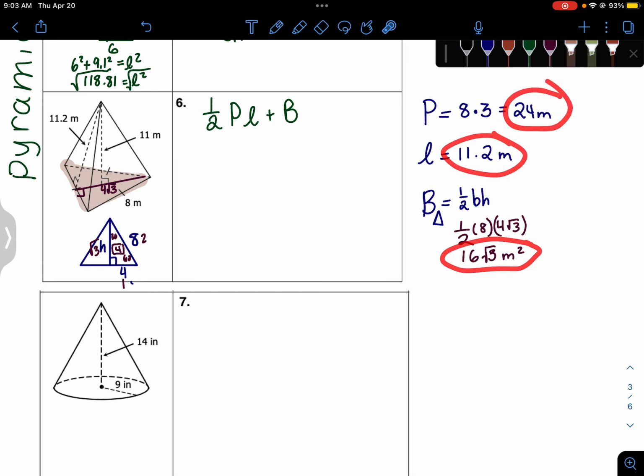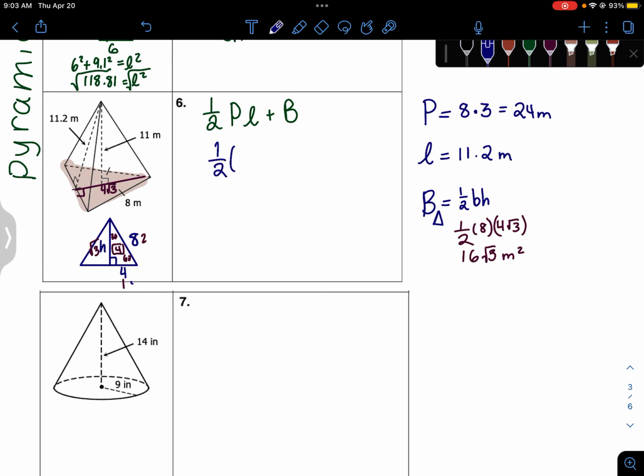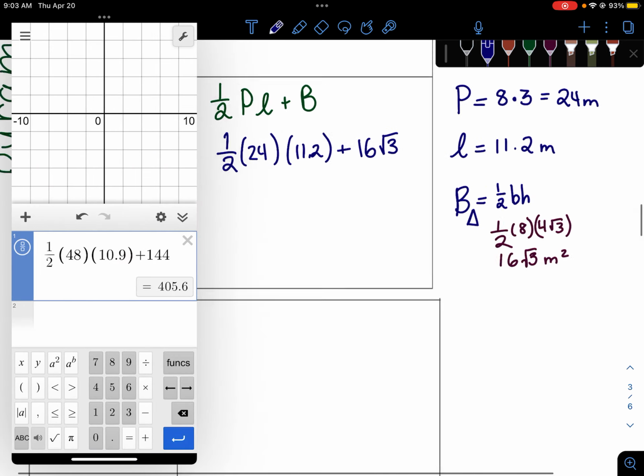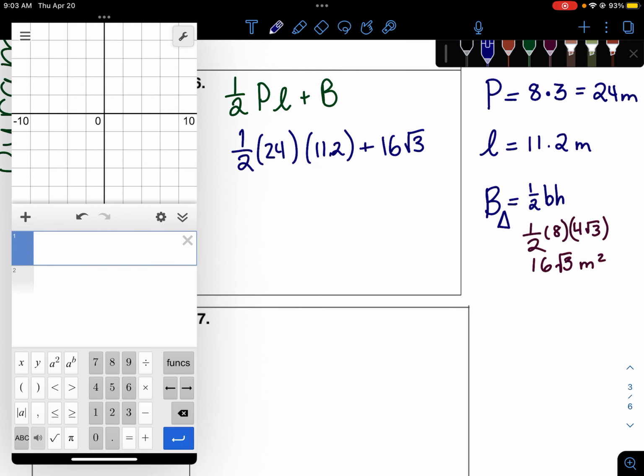I have 3 pieces. It's time to plug them into my formula. 1/2. Our perimeter is 24. Our slant height was given and it's 11.2. And the area of the base is 16 radical 3. And this goes in the calculator exactly the way we see it.